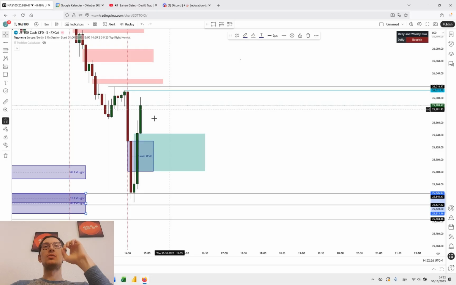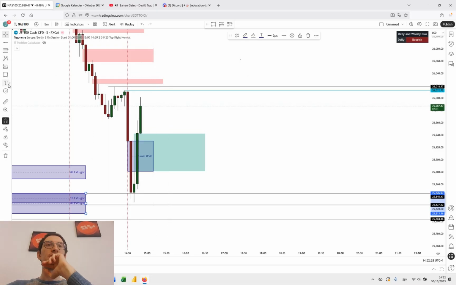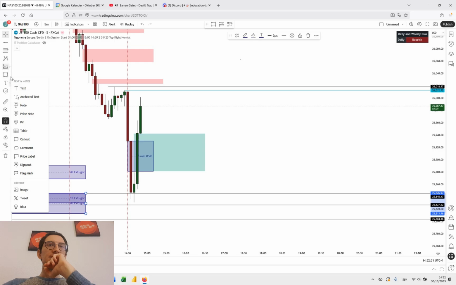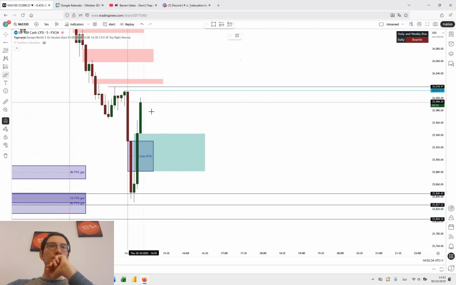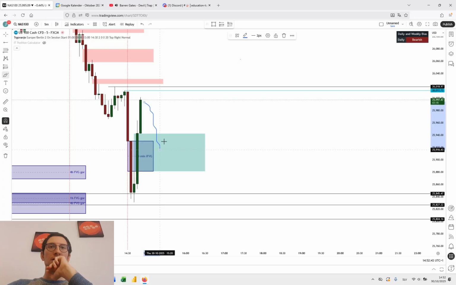What I would now want to see is that we go now down, okay, we go down, we close, we go up, we close, we go down, we close, so that then we move this blue line from here down to here, and then we go up just a little bit, we close, and then here we would break structure to the upside, so we would be in a bullish trend, and then down and then up, okay?